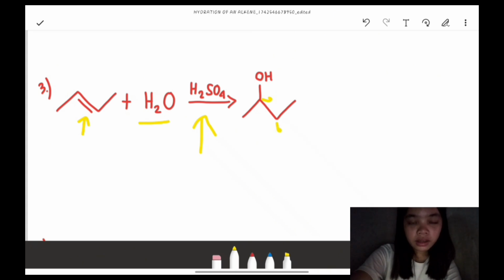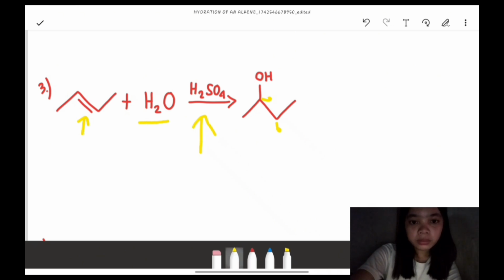In this case, it doesn't matter either way because this carbon is bonded to 1, 2 carbons, and that carbon is bonded to 1, 2 carbons. So you could write it either way. You could put the OH here or the OH here.